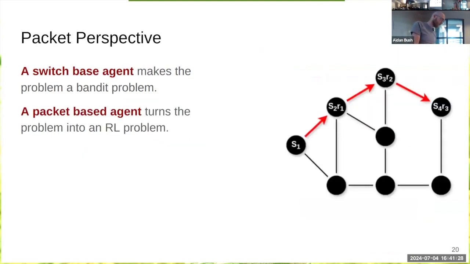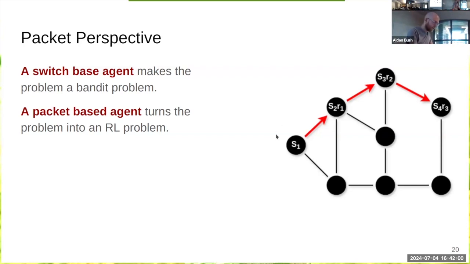All right. And then this is an interesting little perspective that I got when I was talking to someone. The way I look at the problem is based on a switch. Each of those switches is its own agent, and they take their actions, and therefore it's a bandit problem. You can turn this into an MDP, very similar to a classic random walk. We can pretend, though this isn't really feasible, that each packet is its own agent moving around the environment.